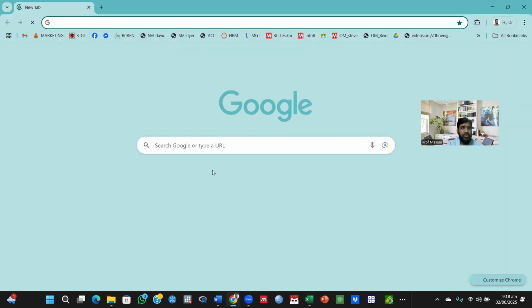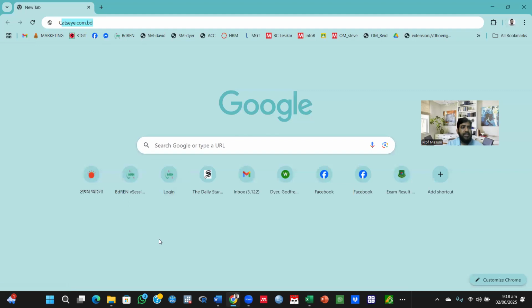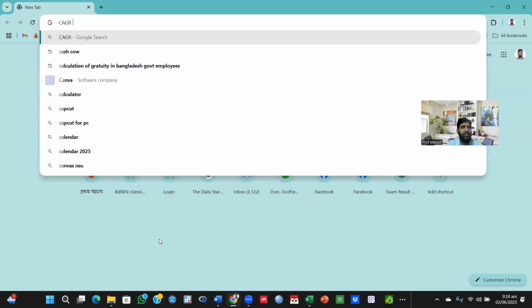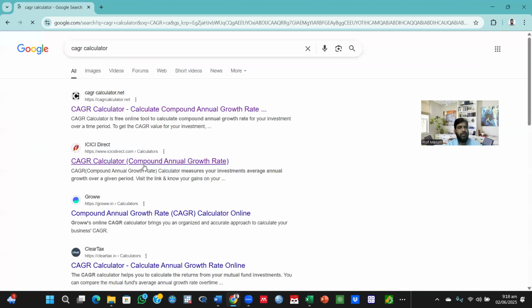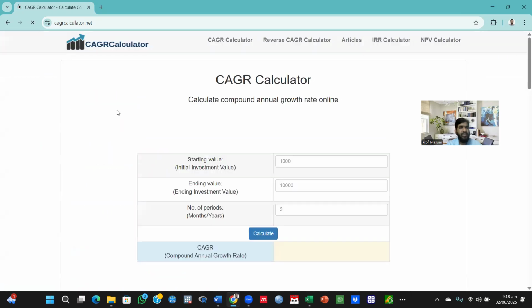Go to the CAGR calculator. The CAGR calculator is available here. You can calculate CAGR. Say for example, your starting value is 40.